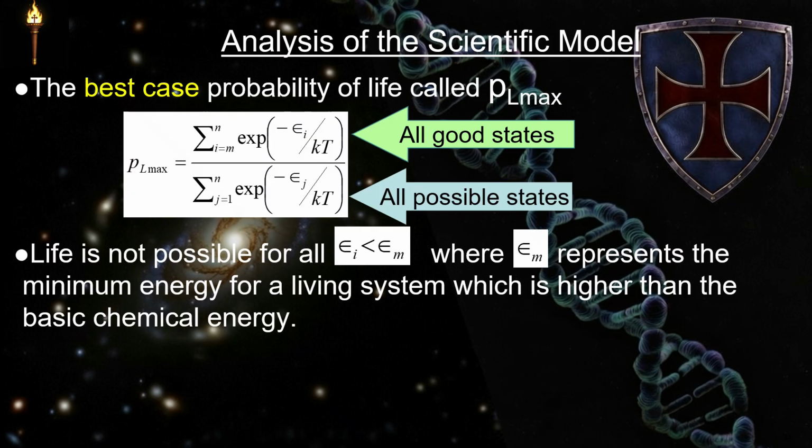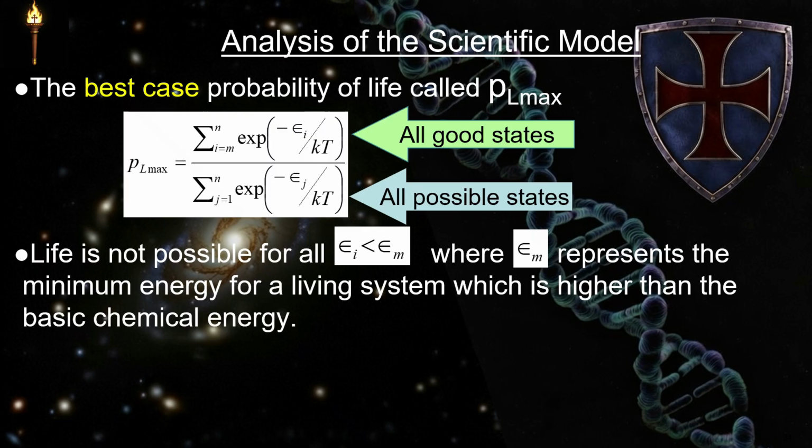What that's saying is there's a point where life is not possible for all states that have less than epsilon m energy, where epsilon m represents the minimum energy for a living system, which is higher than the basic chemical energy. So another way of saying this is that there's a cutoff point where below that energy level life doesn't exist, and above that energy level life does exist.